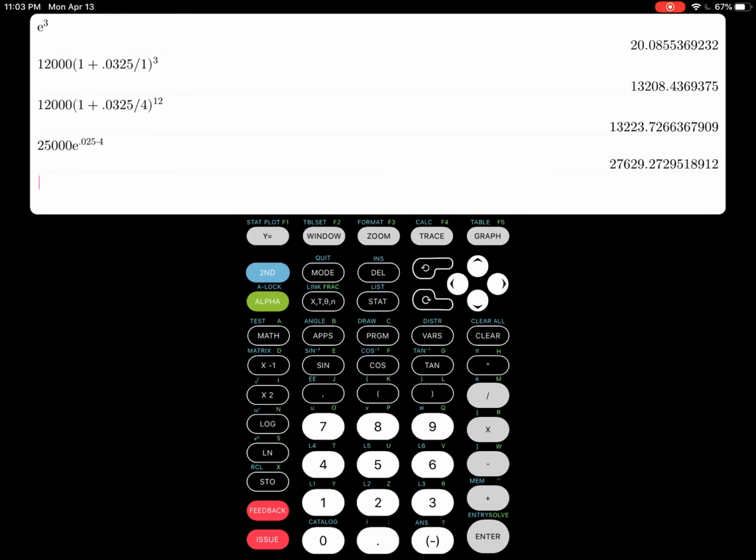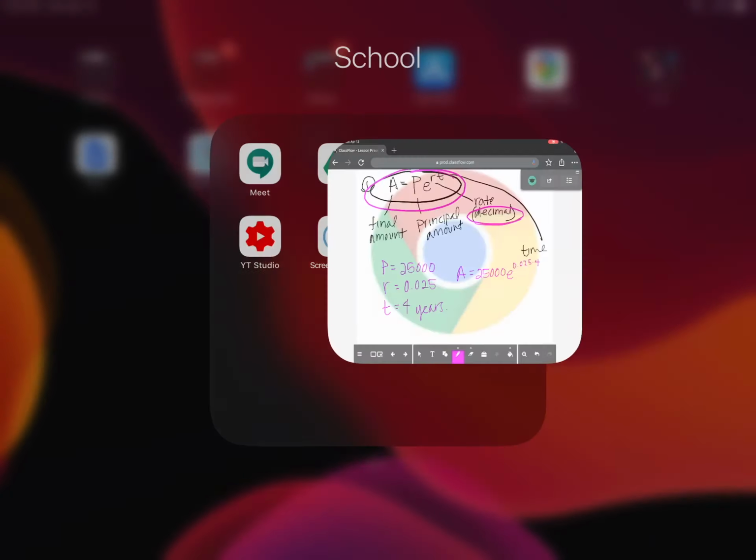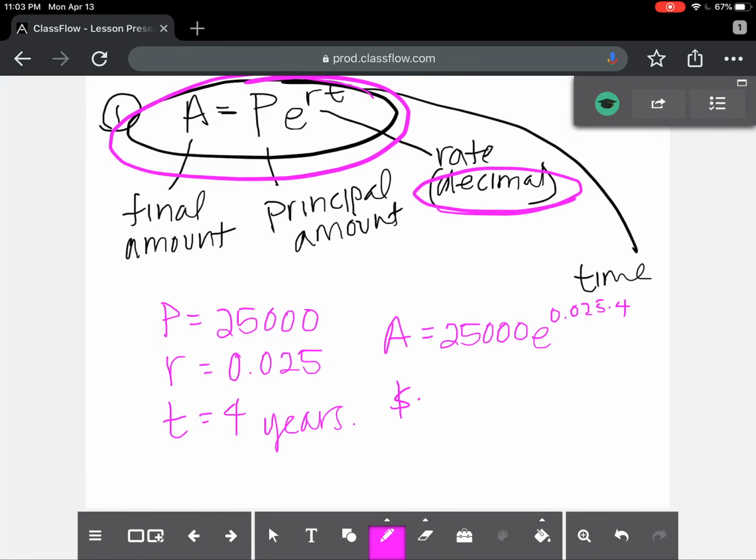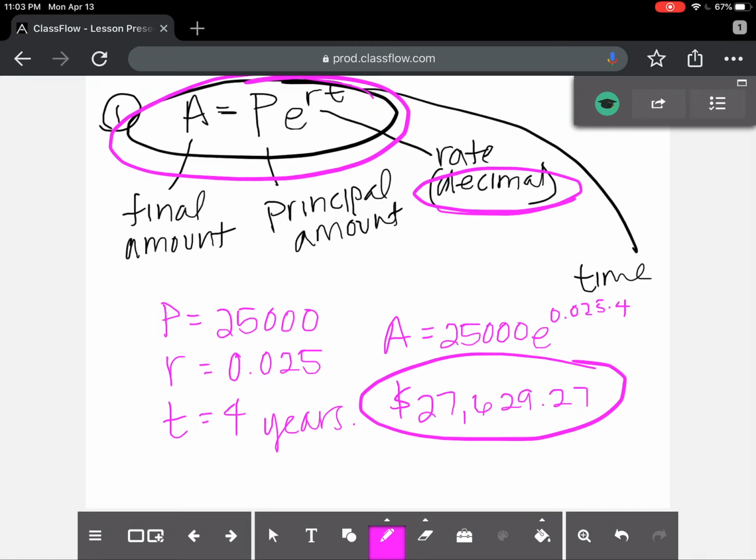And you should get $27,629.27. And that's number 1.